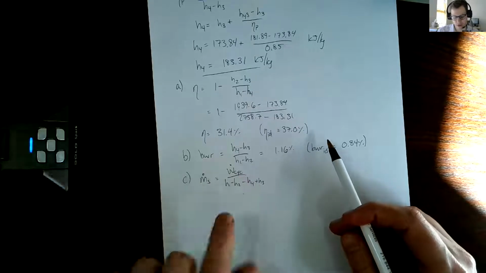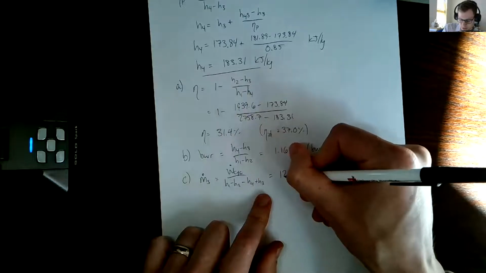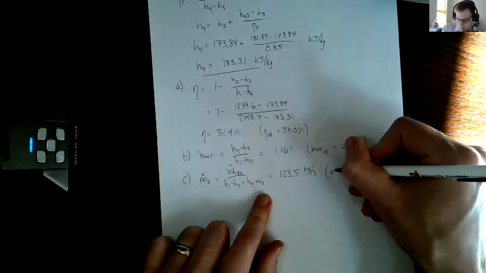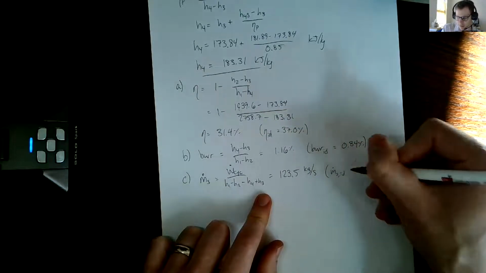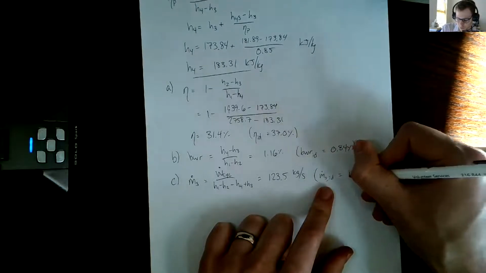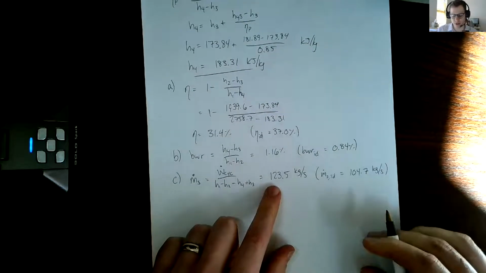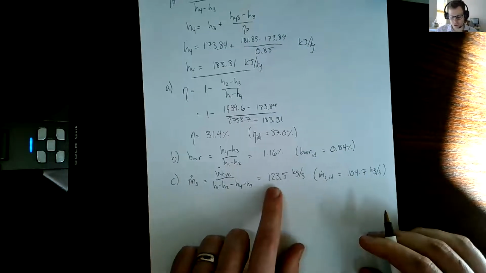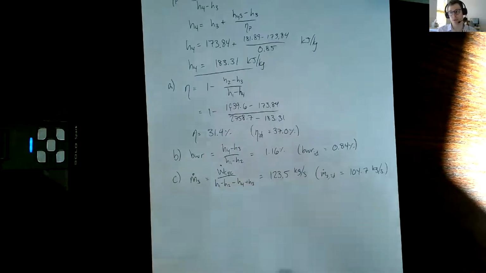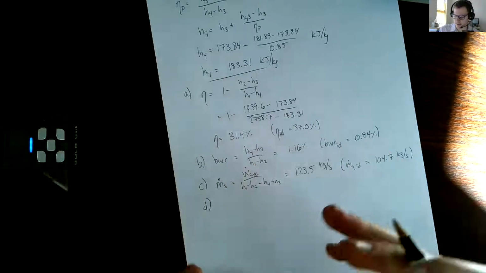I'll just write down the answer. This comes out to be 123.5 kilograms per second. And just to remind us, the ideal mass flow rate for the working fluid was 104.7 kilograms per second. So to get the same net power output, you have to pump more steam through your cycle because your efficiency is lower. These things all kind of go together.